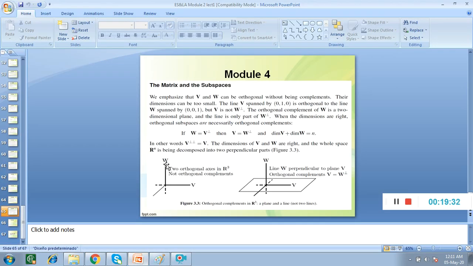W is this line, 0, 0, 1, and its complement is the plane 1, 1, 0, and they are perpendicular to each other. That is orthogonal complements: V is equal to W perpendicular. So this is regarding orthogonality.